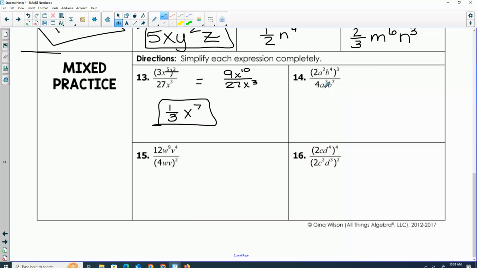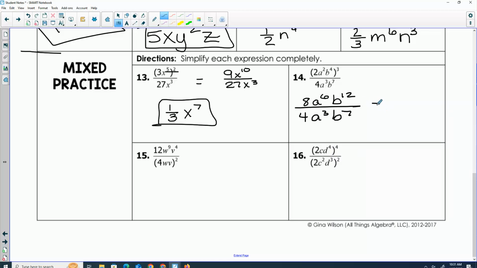Okay, so if I'm looking at number 14 here, we start with the top. We have to cube like normal. We've seen problems like that. So 2 to the 3rd is 8. A squared to the 3rd would give me a to the 6. b to the 4th to the 3rd would be b to the 12, and the bottom stays.